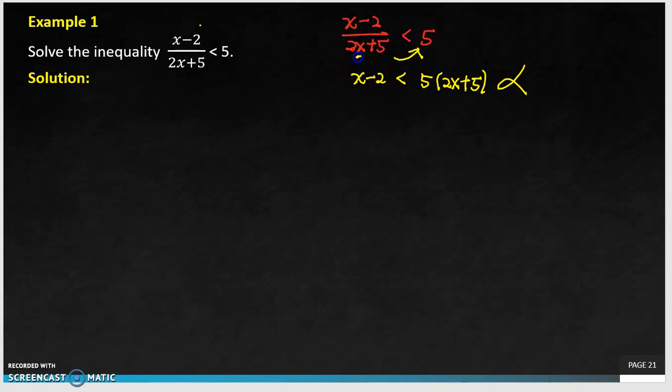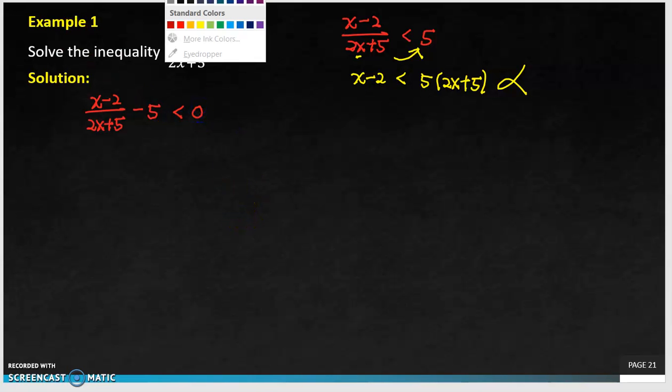So now we have a variable x, which cannot be multiplied to the right hand side. This is wrong. So what we do is we let one side equal 0. It means that for x minus 2 over 2x plus 5, we will move 5 to the left hand side. It will become minus 5 less than 0.